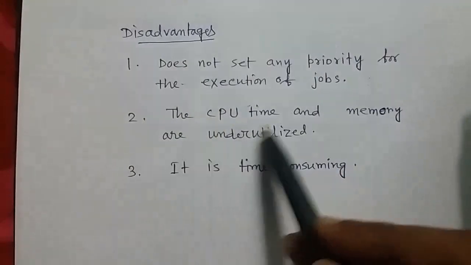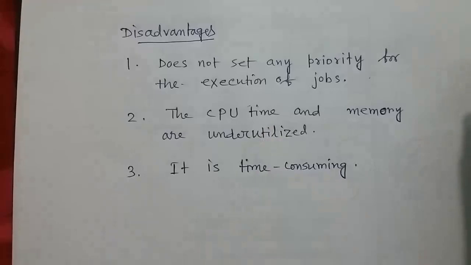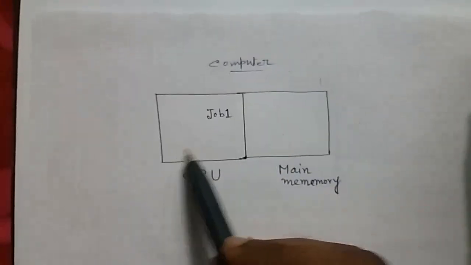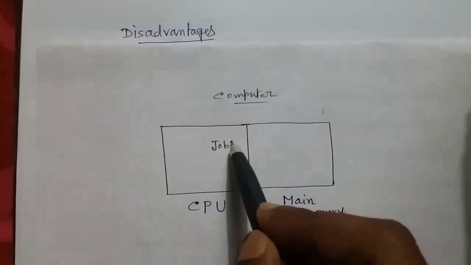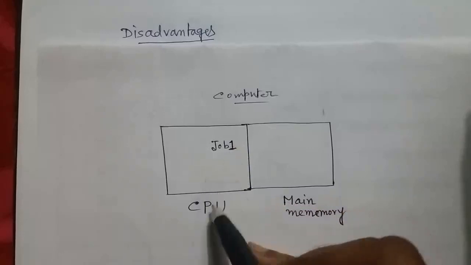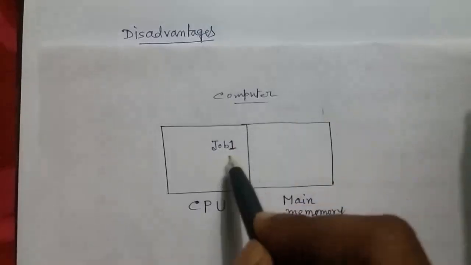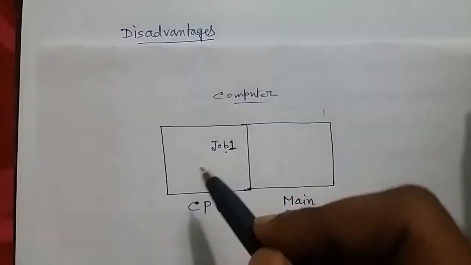Number 2, the CPU time and memory are underutilized. Let's discuss this one. Suppose this is a computer, this is the portion of the CPU and this is the portion of main memory. At this moment job 1 is inside the CPU, that means job 1 is getting executed. Now job 1 needs to perform an input output operation.